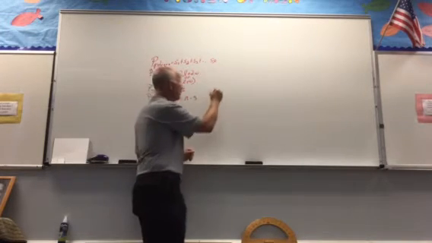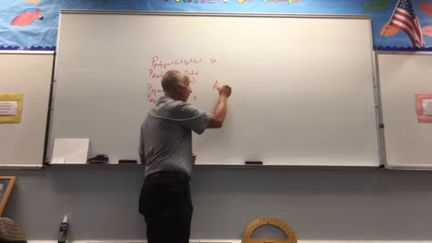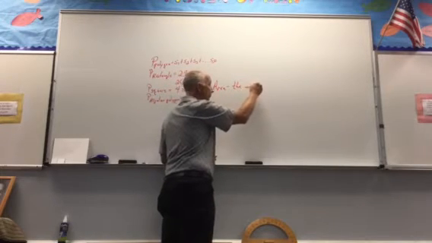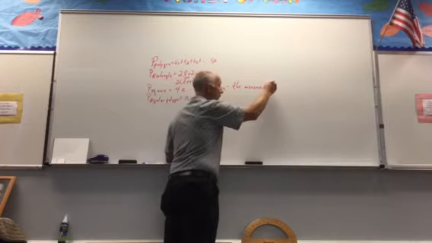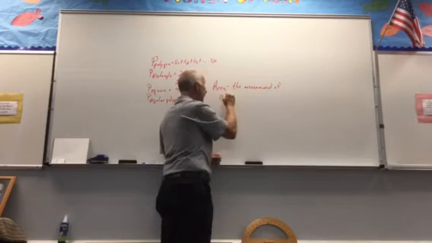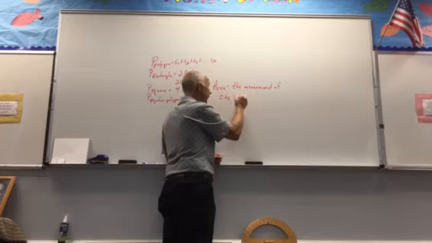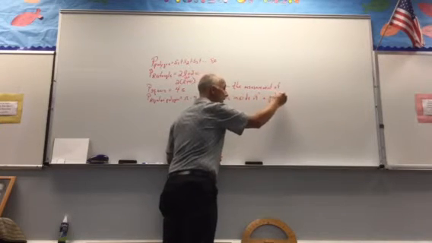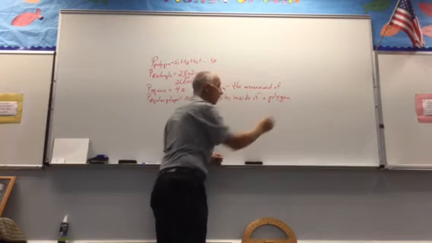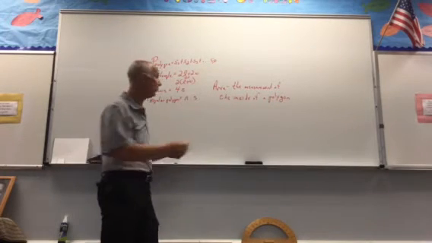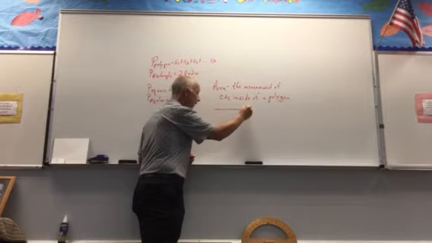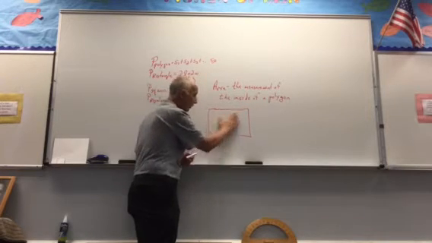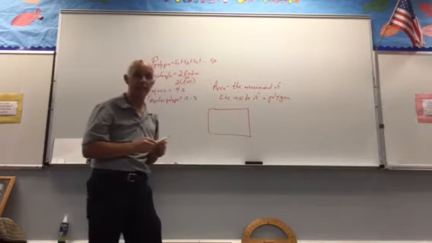Today we want to talk about something called area. And area is the measurement of the inside of a polygon. And again, yesterday we learned how to measure the perimeter outside. Today we want to learn how to measure the inside. And if I had a rectangle like this and I want the area, I want to know what's the measurement inside of here.